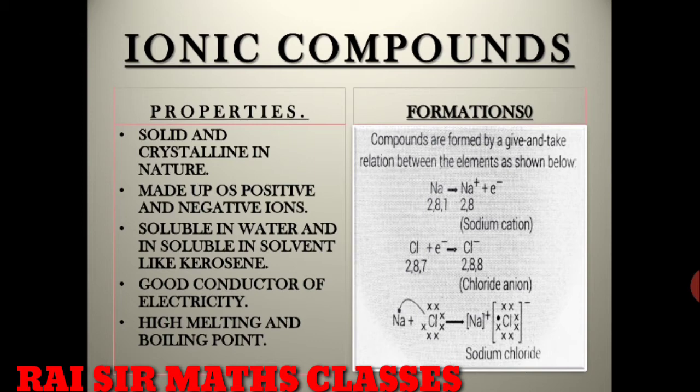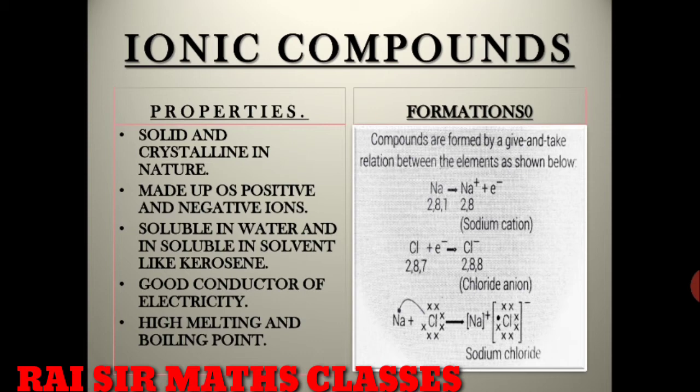Let's take an example of sodium. What is the atomic number of sodium? You have to learn about 20 to 30 elements' atomic numbers thoroughly. So sodium has atomic number 11. You have learned in class 9 how we categorize the electrons according to the shells.